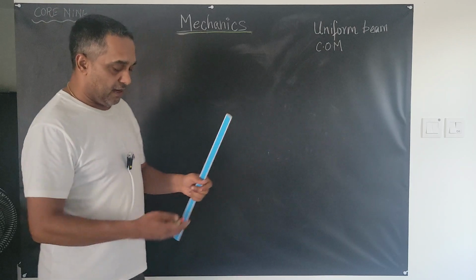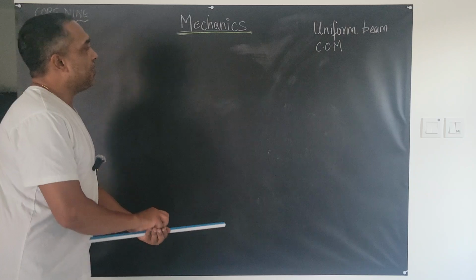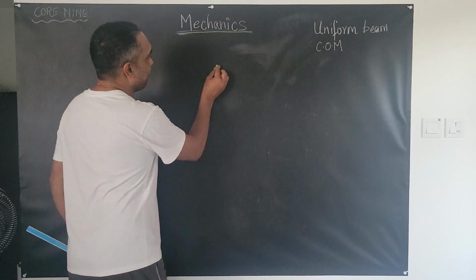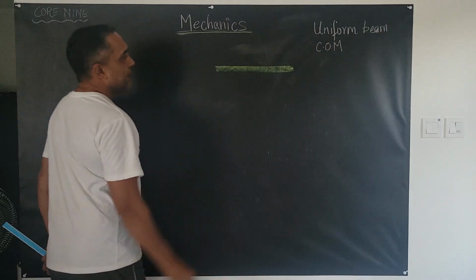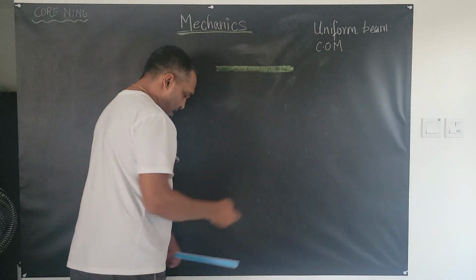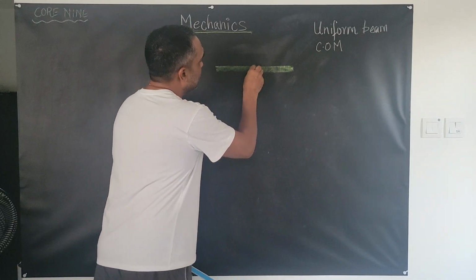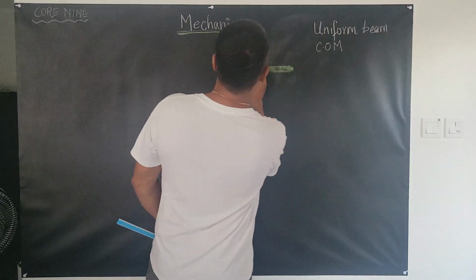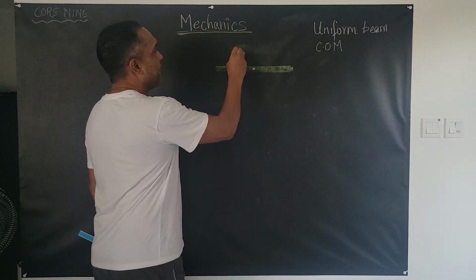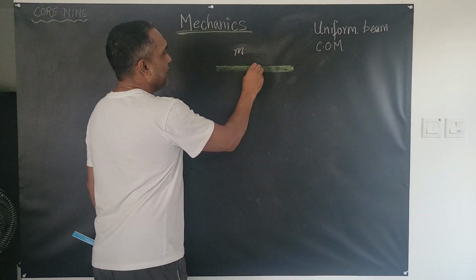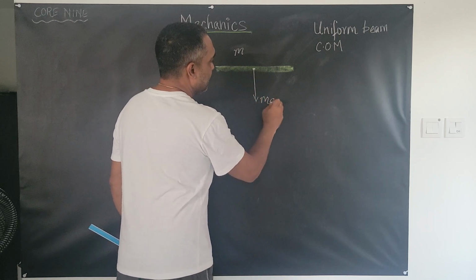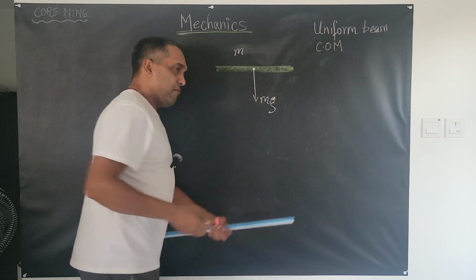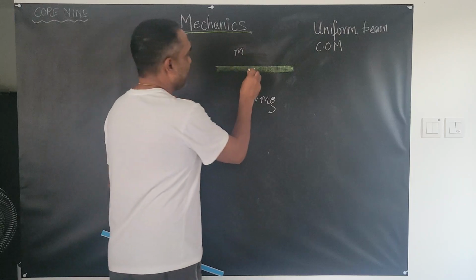So if that is my uniform beam, and that's my center of mass at the center here, and the mass is m, there is a force mg felt by my fingers supporting it right at the center.